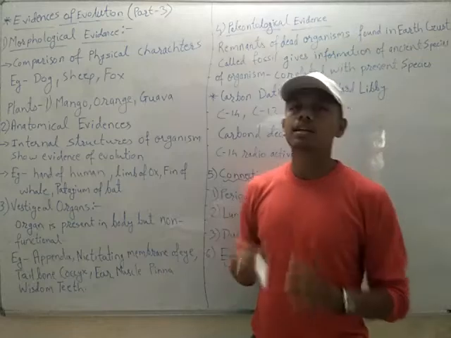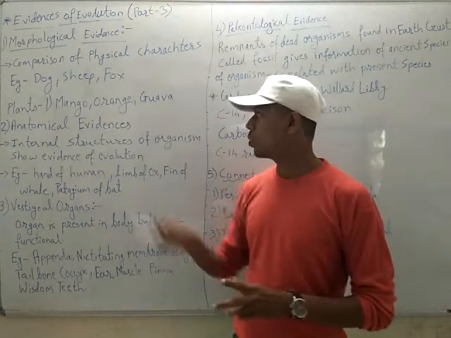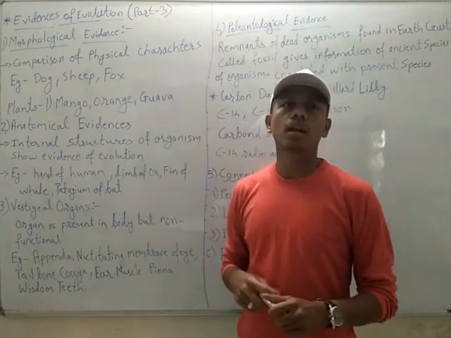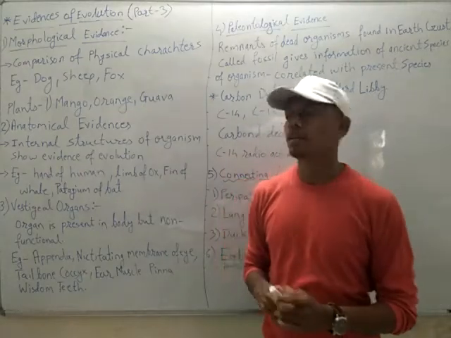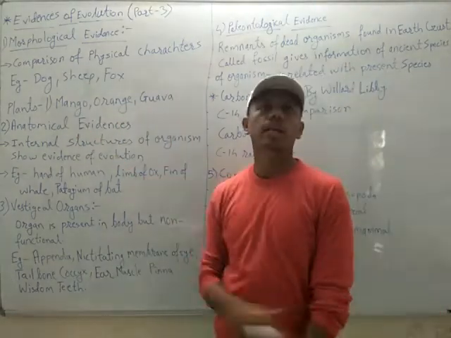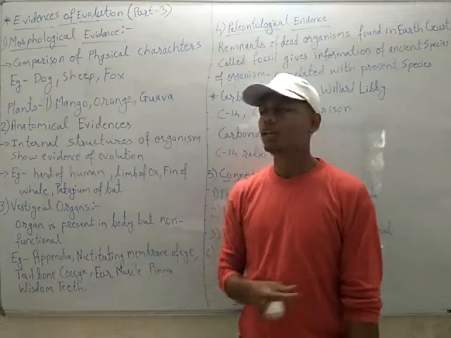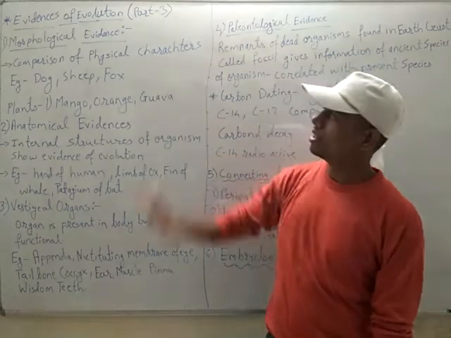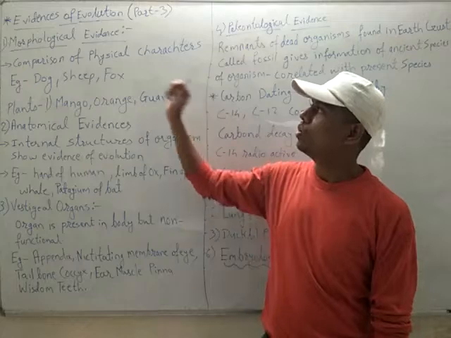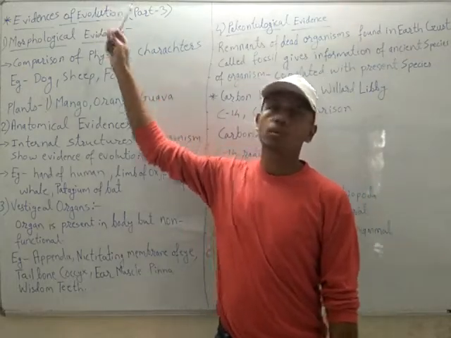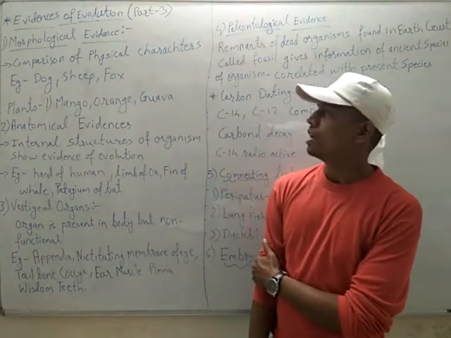These are all the same characters. Why? Because all the plants evolved from one common ancestor. They share one common ancestor. So morphological characters act as morphological evidence to understand the process of evolution.